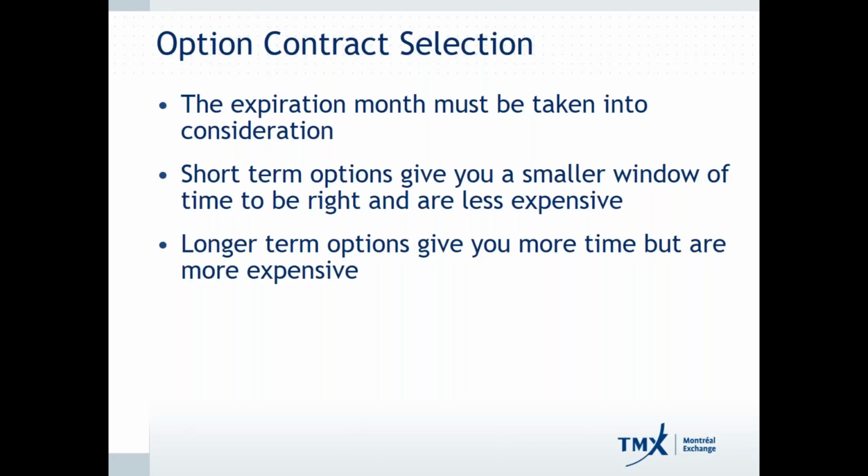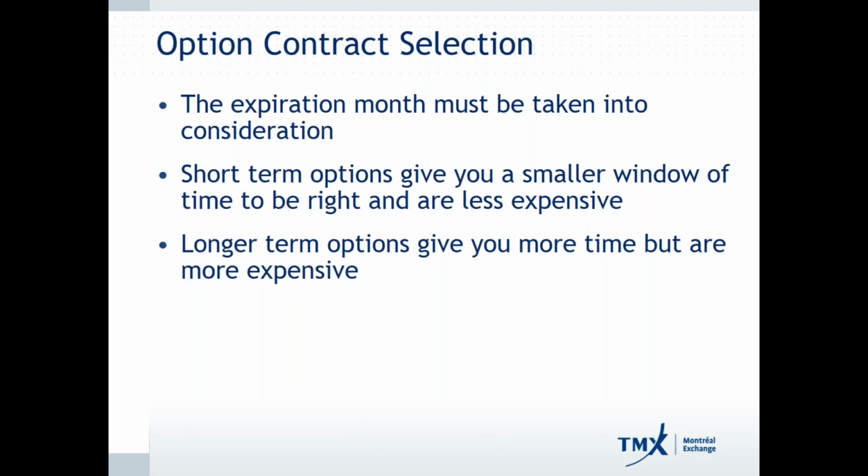So we need to make sure that we're managing accordingly. Short-term options, of course, give you a smaller window of time to be right, but they're less expensive. So a lot of times people will use an index option, for example, on an event-driven strategy.